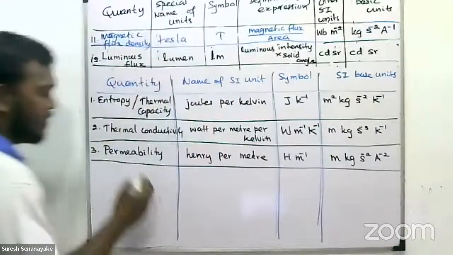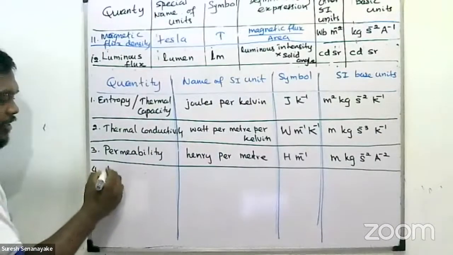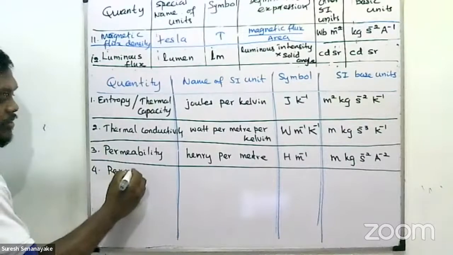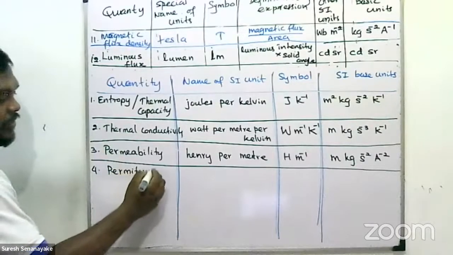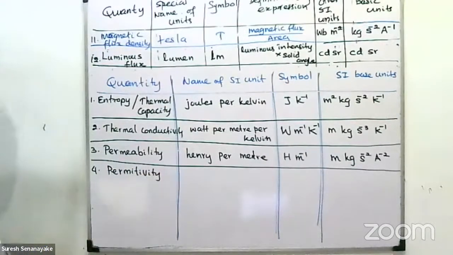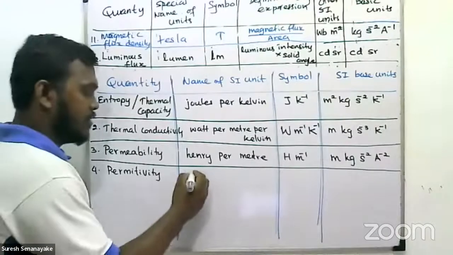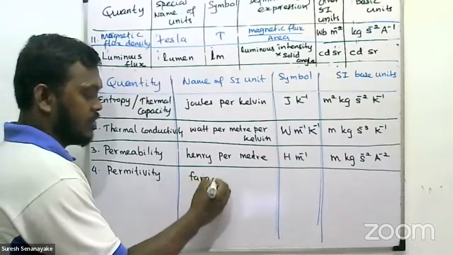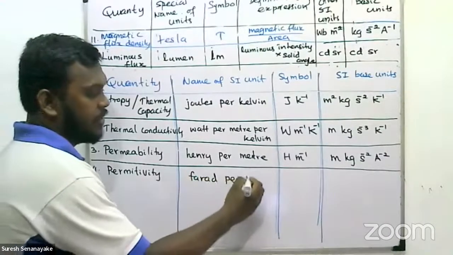Another term similar to this is called permittivity. Permittivity is measured in farad per meter, F per meter.